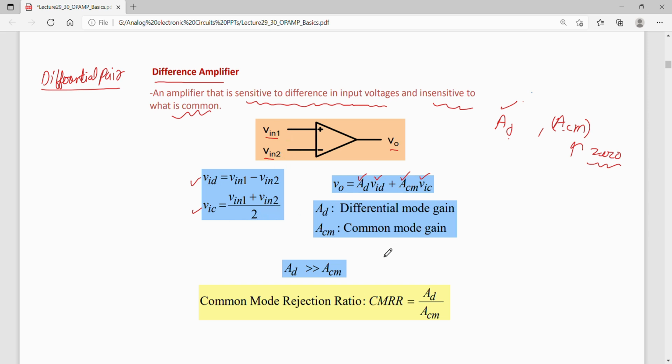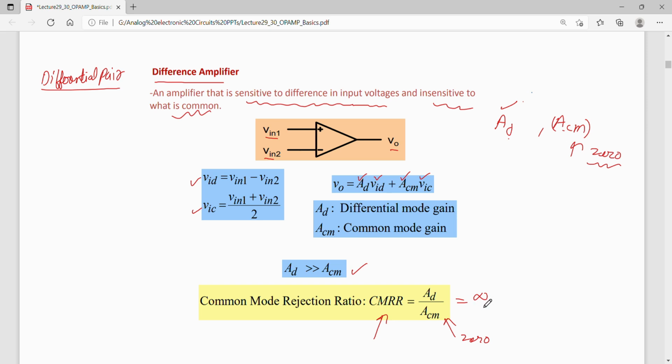Now we had commented earlier that I want my differential mode gain to be much greater than the common mode gain. In fact, I want the common mode gain to be equal to 0, so that my common mode rejection ratio can be very large or infinite. This is possible when common mode gain is 0. Otherwise it may not be infinite.